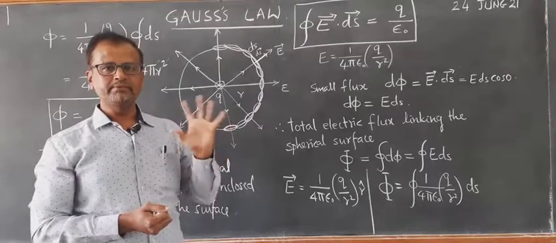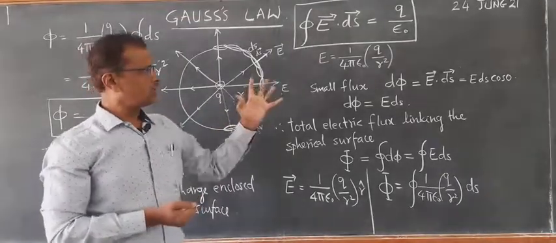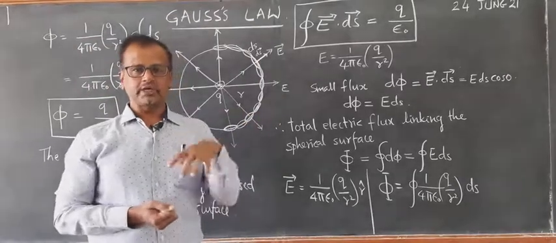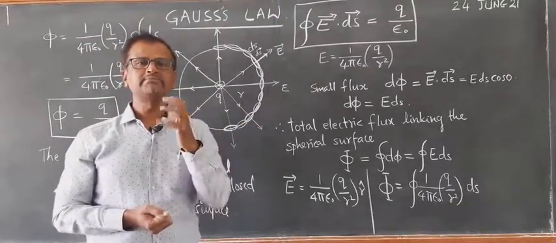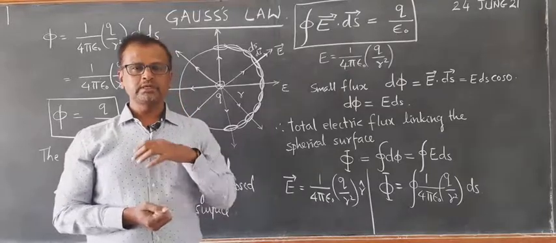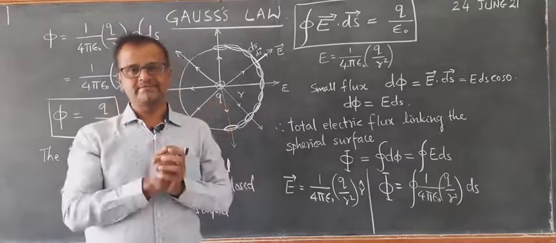That is the beauty of Gauss law. Gauss law helps us to calculate electric field in a very convenient and simple way due to continuous distribution of charge whenever there is a symmetry.